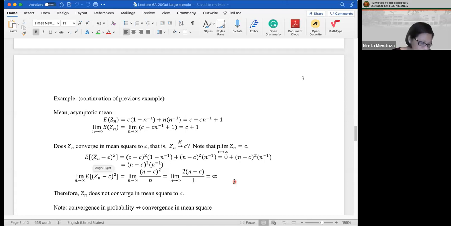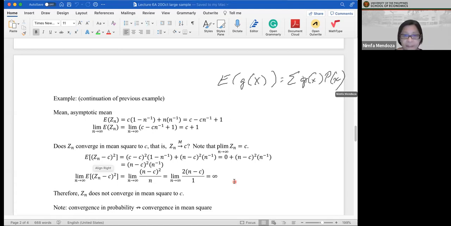So note that the expected value of a function of x is the sum of g of x times the probability of x. So using this, we have C sub n.